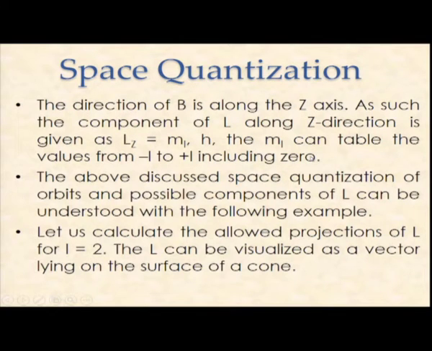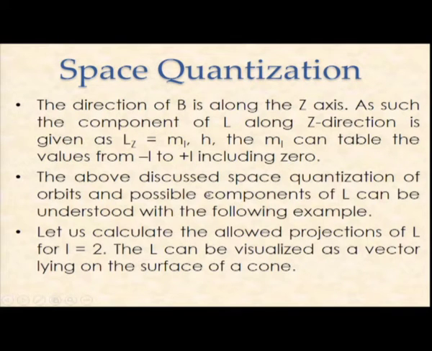As we have seen in the Sommerfeld atom model, L can have values based on the value of the principal quantum number. When the principal quantum number is 2, L can have values 0 and 1. Here the magnetic quantum number can have values between minus L to plus L including 0.